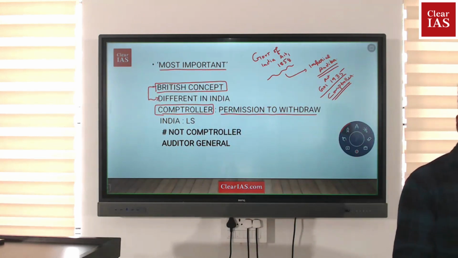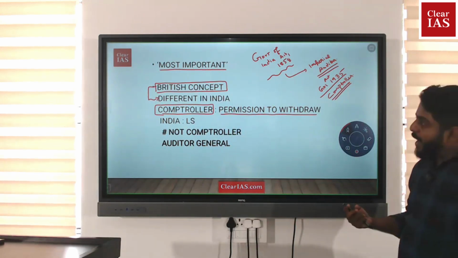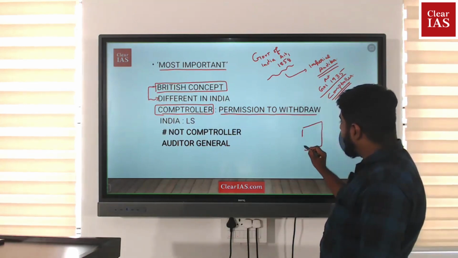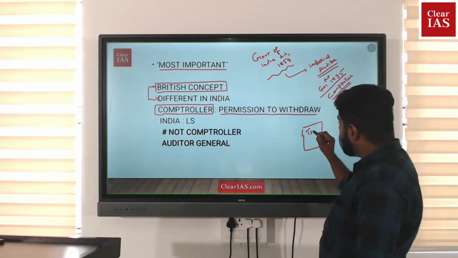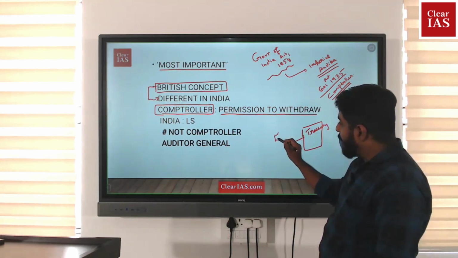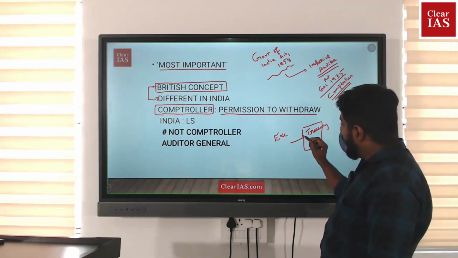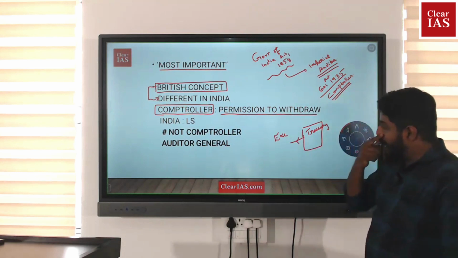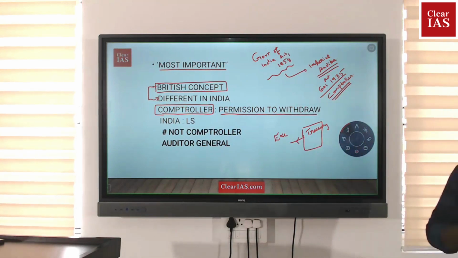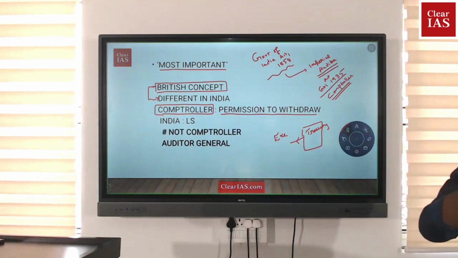So in Britain, in fact, the permission to withdraw money from the consolidated fund or British Treasury. Fine. So in Britain, if the executive needs money to be withdrawn from the treasury, who will have to give the permission? In fact, the CAG will have to give the permission in Britain.